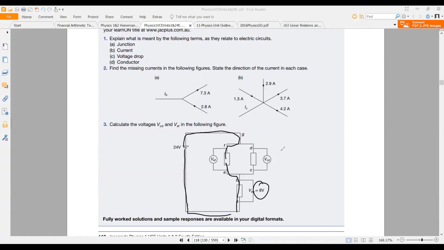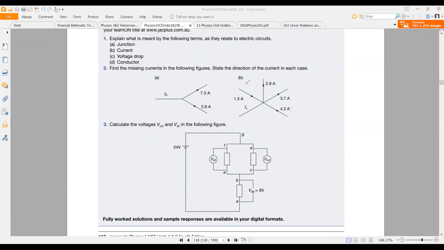So this loop needs to drop 24 volts. If they've got 8 volts dropped here, that'll give you an idea of how much might be dropped here. But there are 2 loops in this. There's one loop, there's another loop here. And this part is still dropping 8 volts, so that should give you an idea of how much might get dropped over there. I'm not going to tell you the answer to that one, I'll let you figure it out.